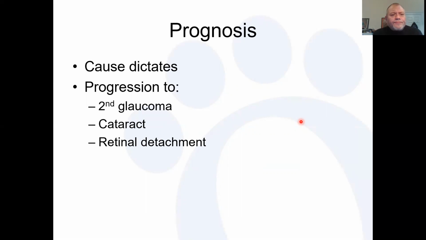So the cause really does dictate the prognosis. Generally, unless it's an acute traumatic event which hasn't damaged the eye significantly, the prognosis is poor. Progression to secondary glaucoma is common, as is cataract and retinal detachment in long-standing chronic cases.